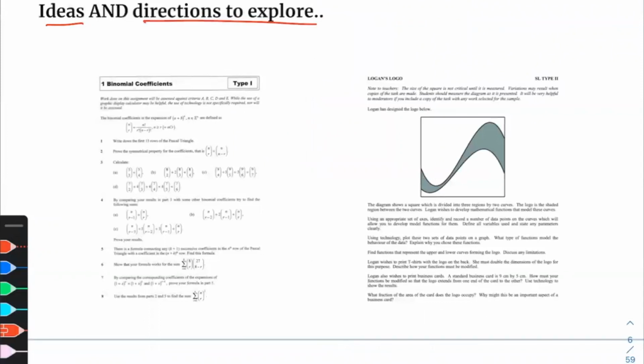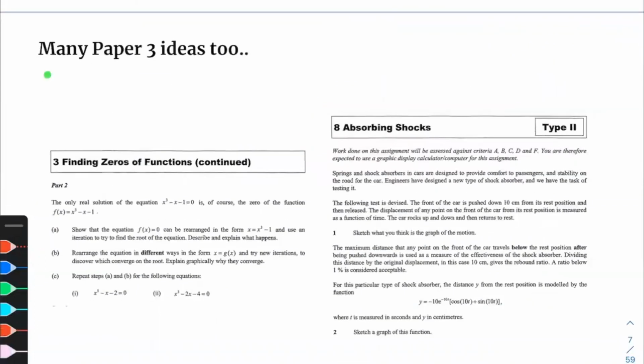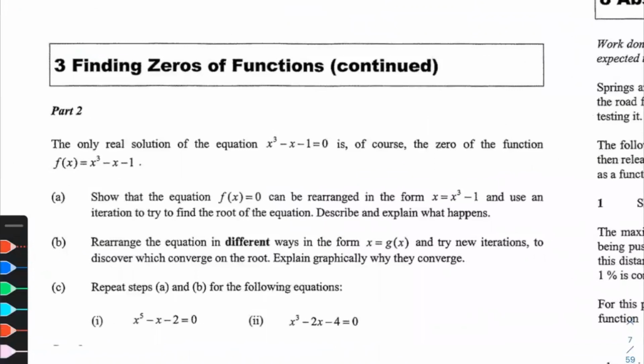So that's my first suggestion. If you're running out of topics, referring to the math portfolio is a good idea. It's got a bunch of paper 3 types of questions as well. It's got, I think, the cubic formula for the type 1 task.